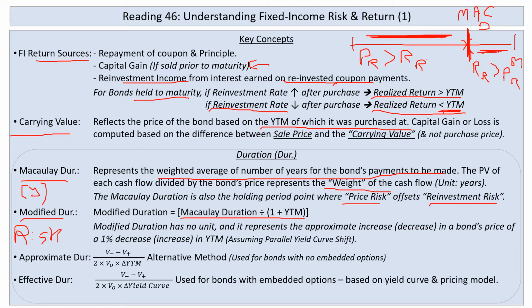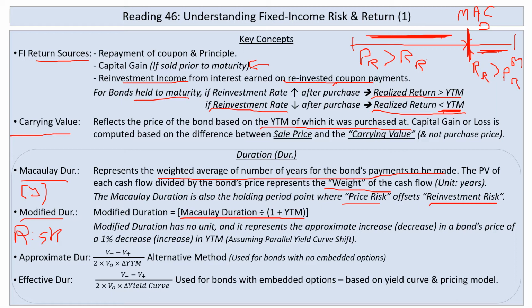So first of all, modified duration has no unit, and if we say the modified duration of a certain bond is 4, that means that for every 1% increase in interest rates, the bond's price would decrease by 4%.